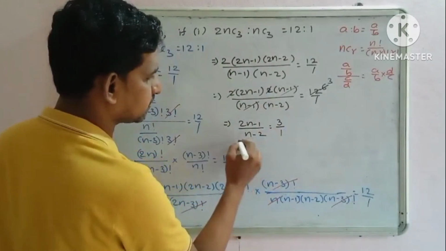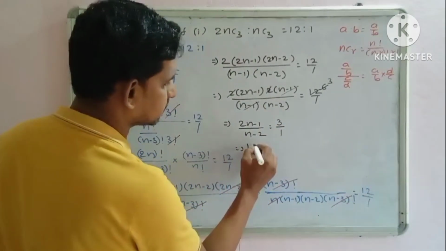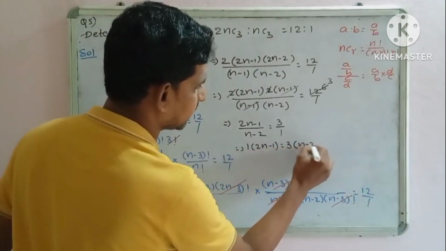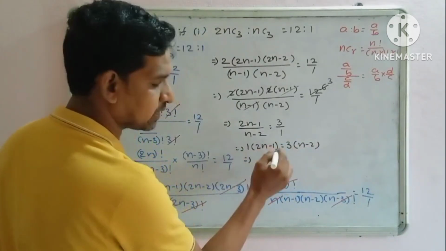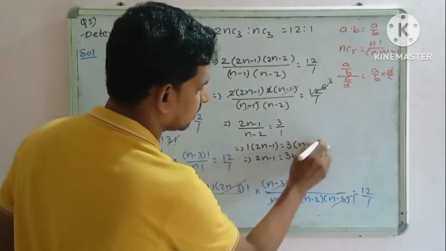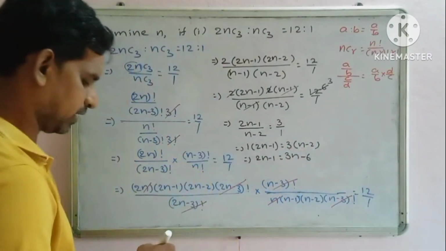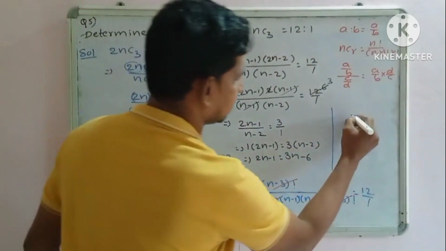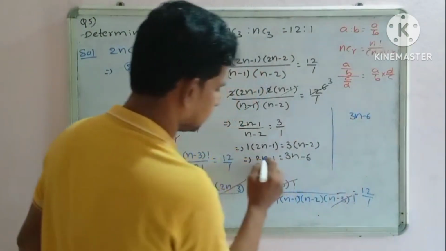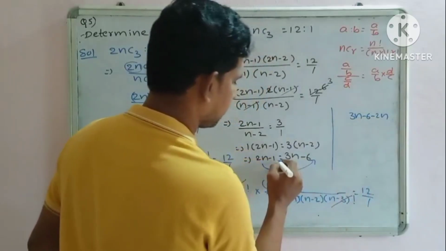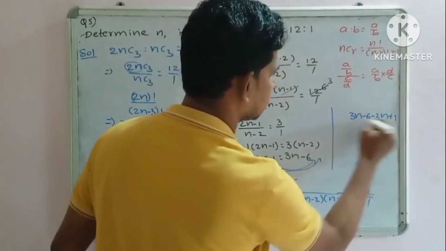Do cross multiplication. 1 times 2n minus 1 equals 3 times n minus 2. So 1 times any number is the same number. 2n minus 1 equals 3 times n is 3n, 3 times 2 is 6. Okay. Next. So 3n minus 6. 2n transposes to the left side, so right side minus 2n, minus 1 transposes to the right side plus 1.